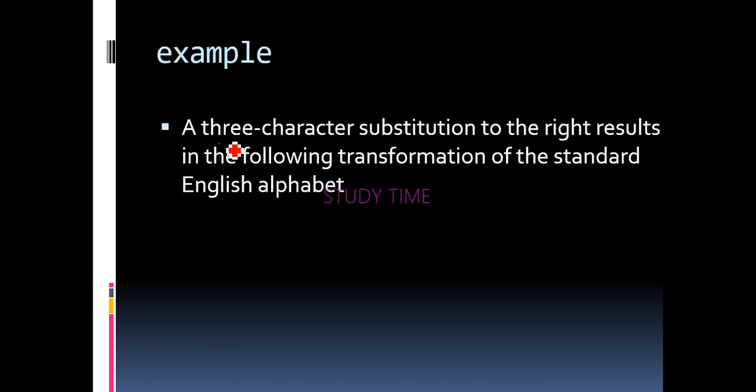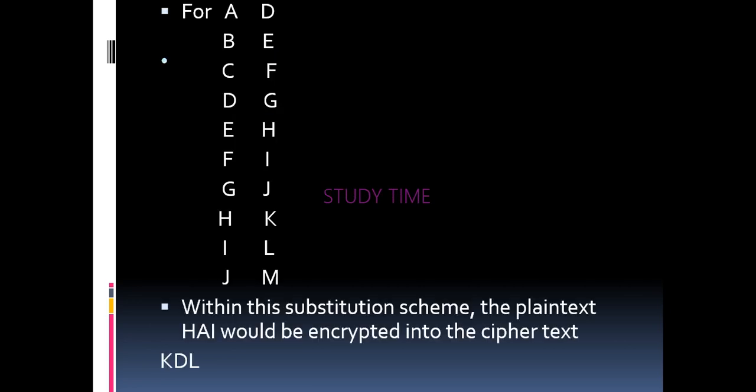Example: a 3-character substitution to the right results in the following transformation of the standard English alphabet: A to D, B to E, C to F, D to G, E to H, F to I, G to J, H to K, I to L, J to M. Within this substitution scheme, the plain text HAI would be encrypted into the ciphertext KDL.